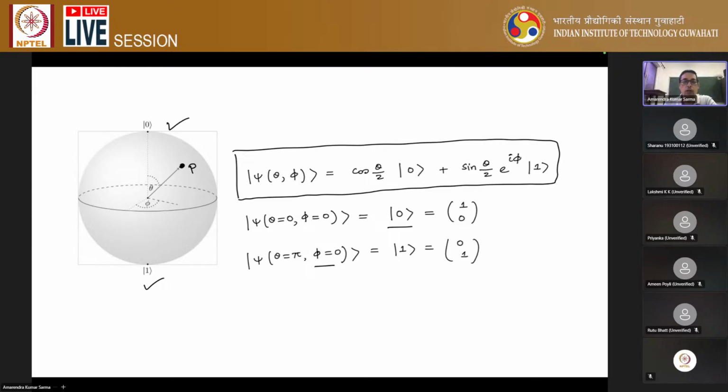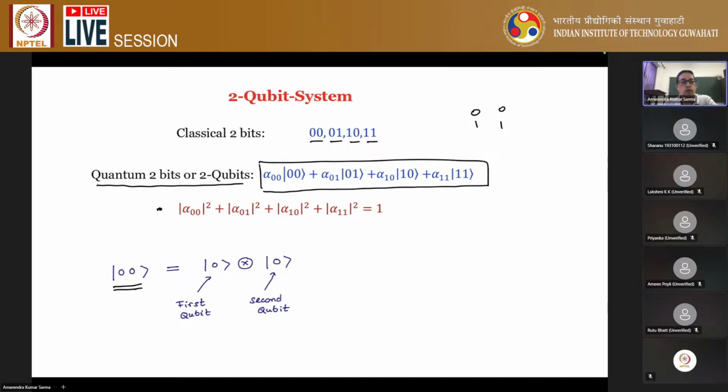Next we discussed the 2-qubit system also. If you have only 2 qubits, then you can write it as a superposition of these states. Only thing is all these coefficients should add up to 1, and by convention when you are writing |00> or |01>, the first element always represents the first qubit and the second one represents the second qubit.